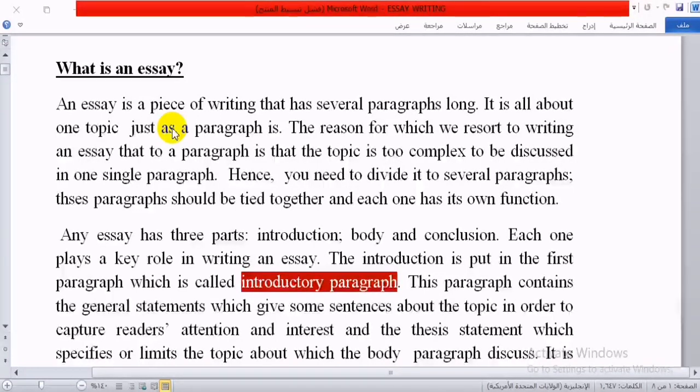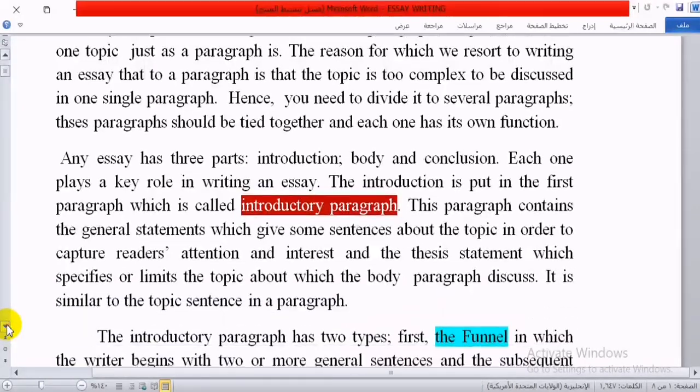That is why we write an essay that has several paragraphs which discuss and cover the topic. So this is the definition of the essay and the reason for which we resort to writing it.